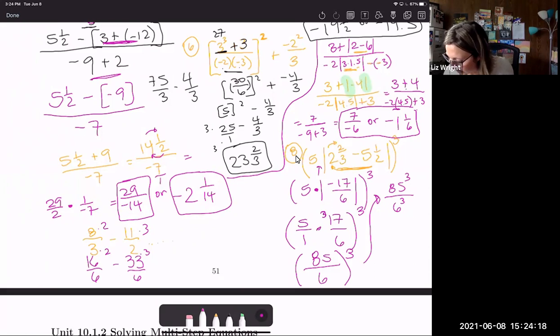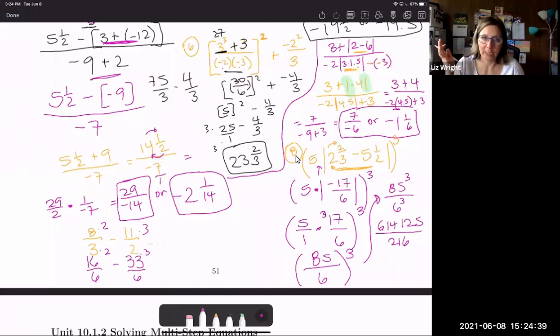It's giving me 614,125. And then our 6 cubed should end up with 216. Whew, that was a good one.